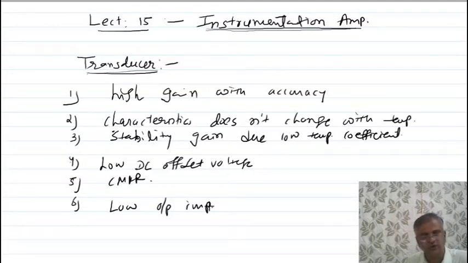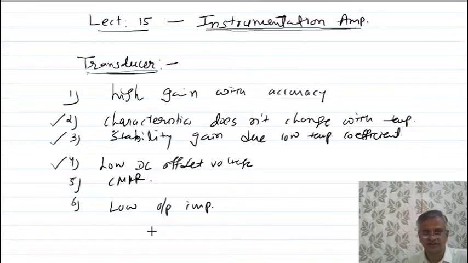So many things you can list, but the main aim is these. Due to these reasons, the operational amplifier is used to amplify the output of the transducer.